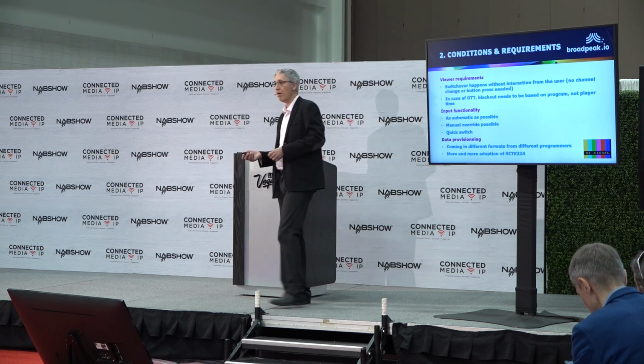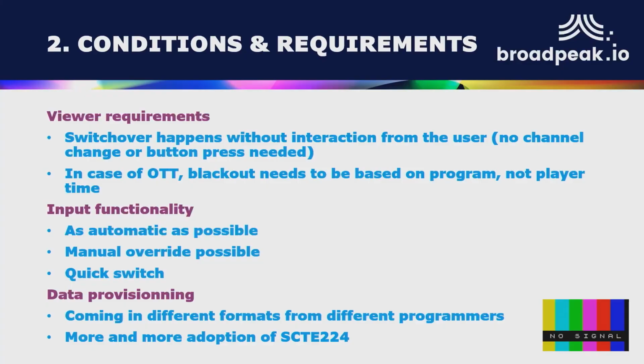All right, so now if we look at the expectations on the end user, you and me, of course, the default expectation is that there is nothing to do. This should be completely automated, nothing to do in a manual way. And the other thing is that it needs to be done on the program level, as you've seen, not on the player level.